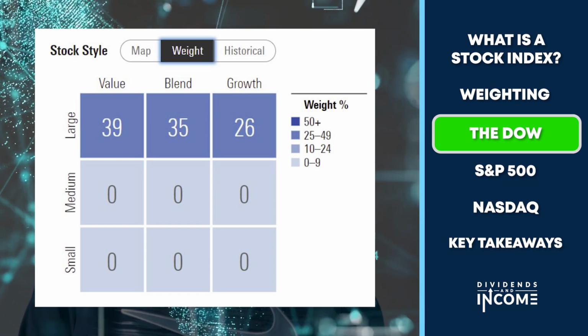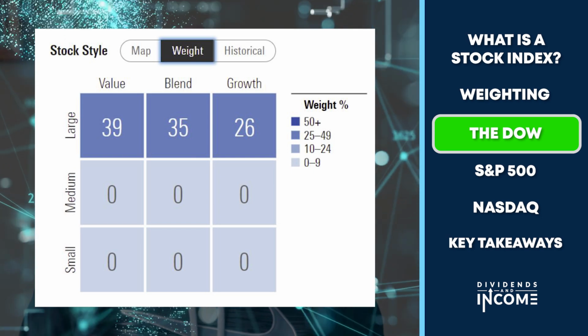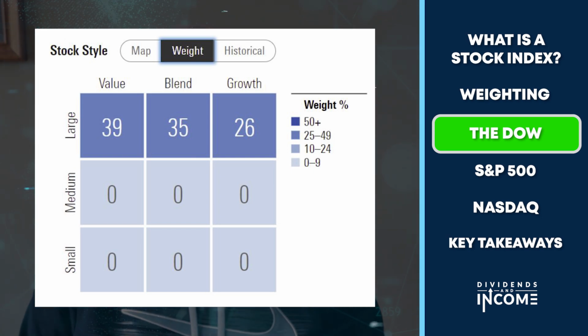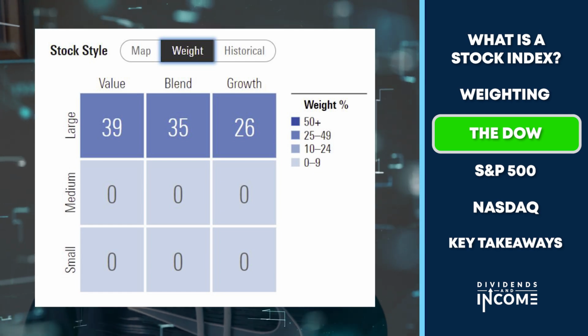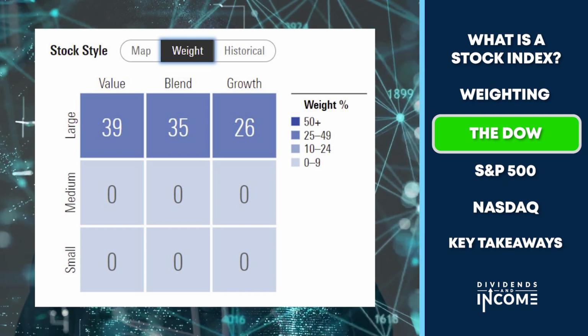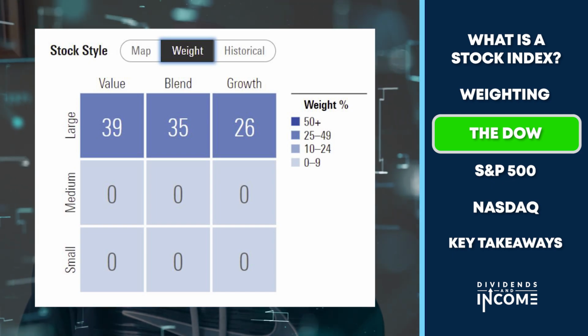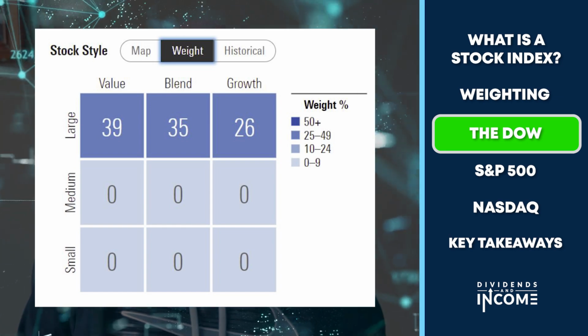And you can see that it's kind of evenly spread among what might be called value stocks, what might be called growth stocks, and stocks that are blends, combinations of those two styles. If anything, I guess you could say the Dow has a slight value tilt here, a little more weight on that side than on the growth side, but it's not super significant.